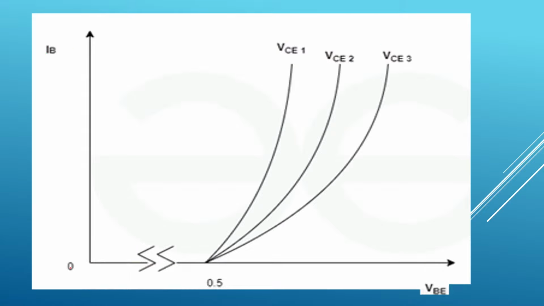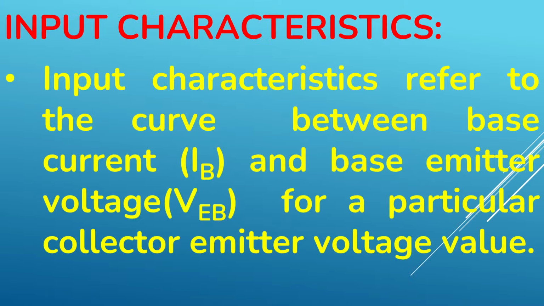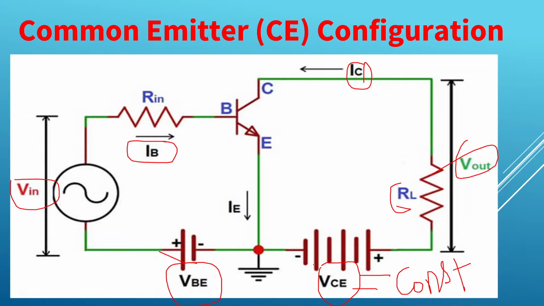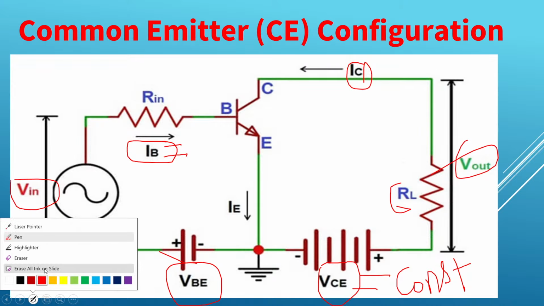I hope you have drawn. Meanwhile, I was giving the explanation. You might have completed drawing. So let us proceed further to the output characteristics. For the output characteristics, let us go back to this circuit. We have to assume some input parameter constant. So I am assuming input current IB constant. I will erase all the links.